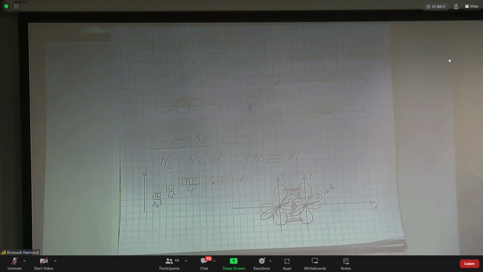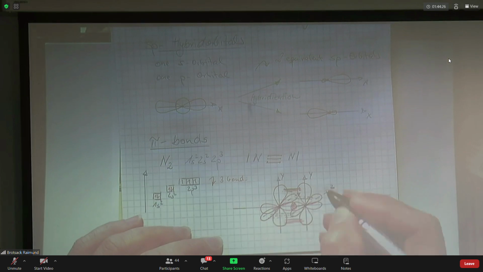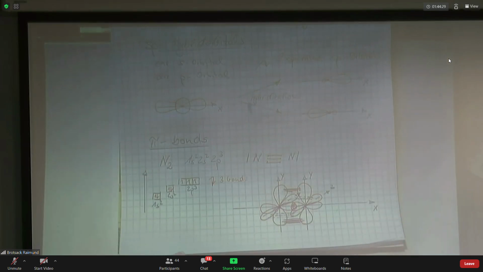So in the py and in the pz direction, we have pi bonds.